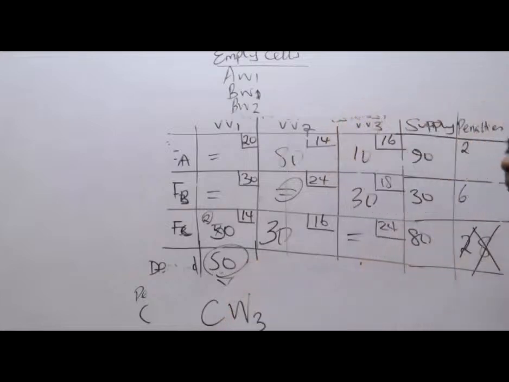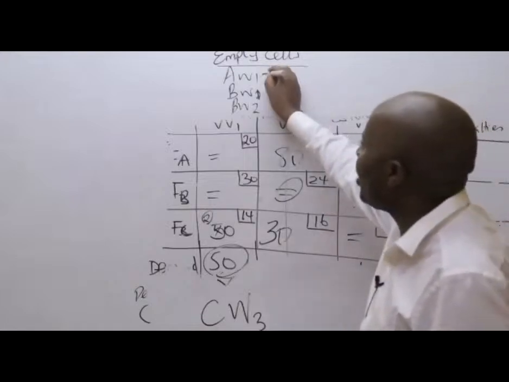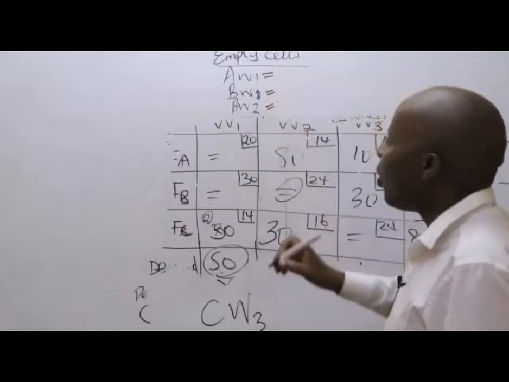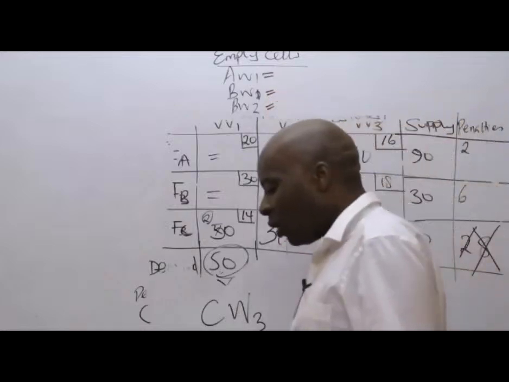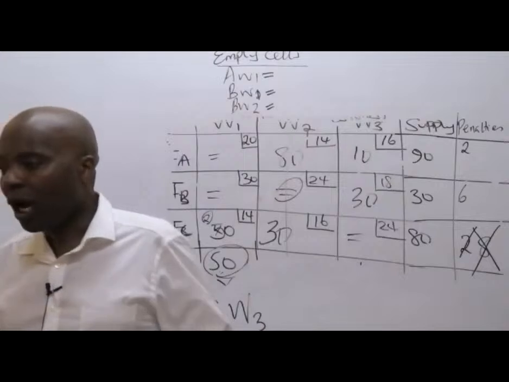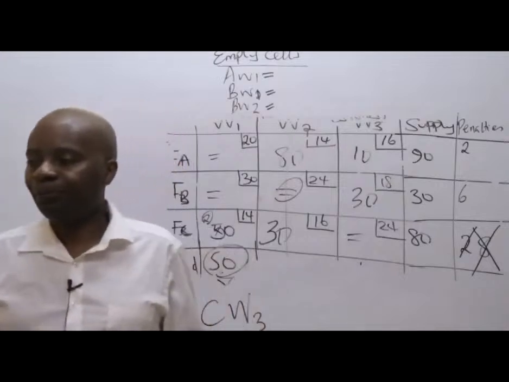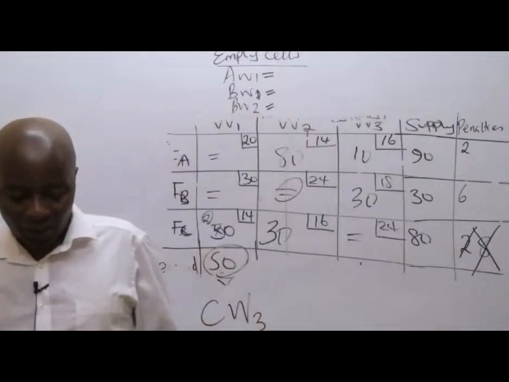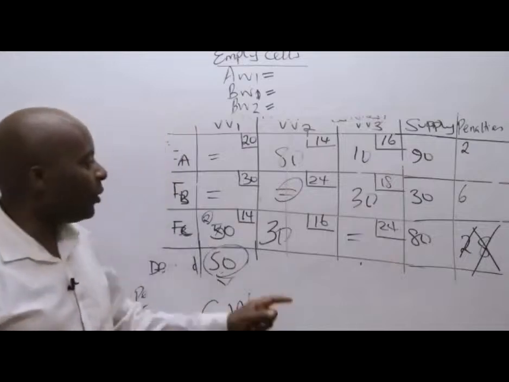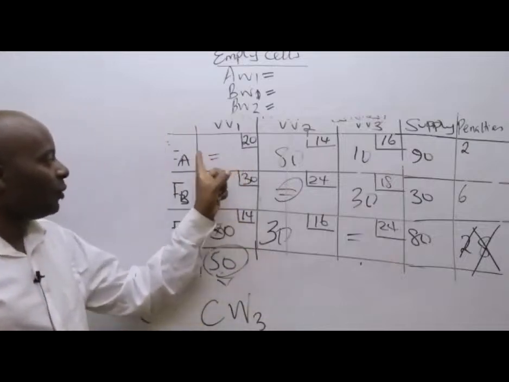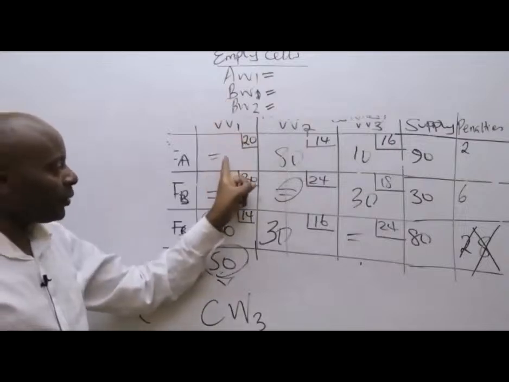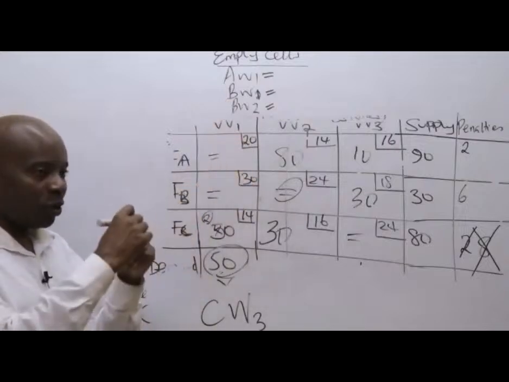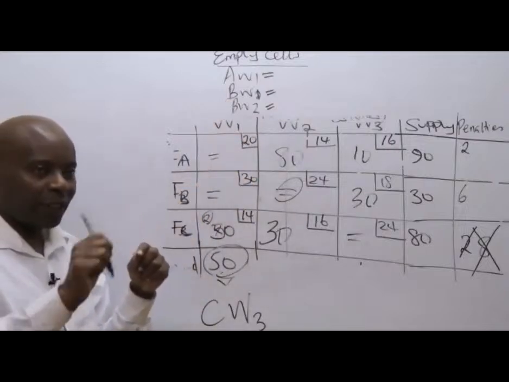Thank you. Now, ladies and gentlemen, I would want to see whether there is any student who will be able to remember how we were making these loops. If you tell me to start from this AW1, the first empty cell, remember I can only go horizontal and vertical.